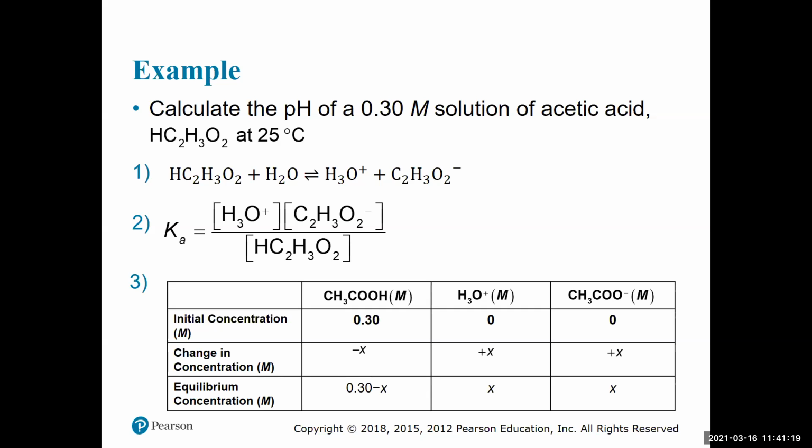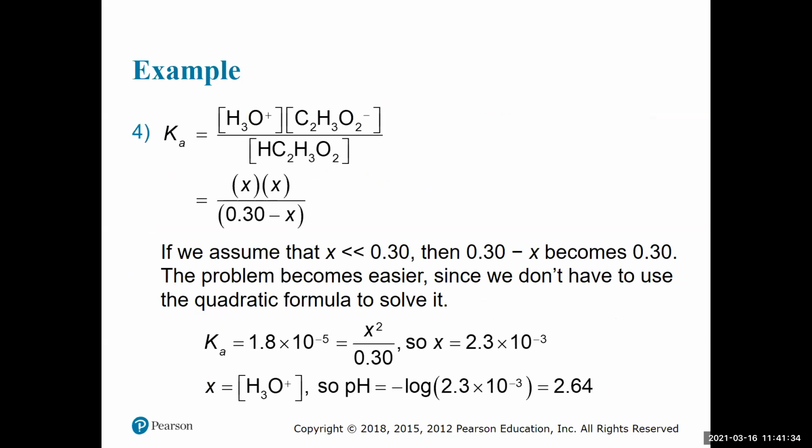Then our equilibrium values would be 0.30 minus X, then X and X. So it looks like we're going to have a quadratic equation again. Let's go ahead and fill in our equilibrium expression: X times X divided by 0.30 minus X.